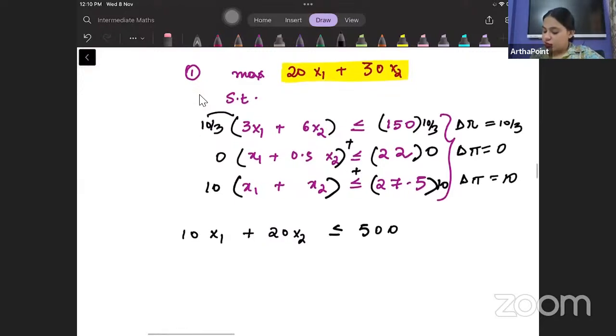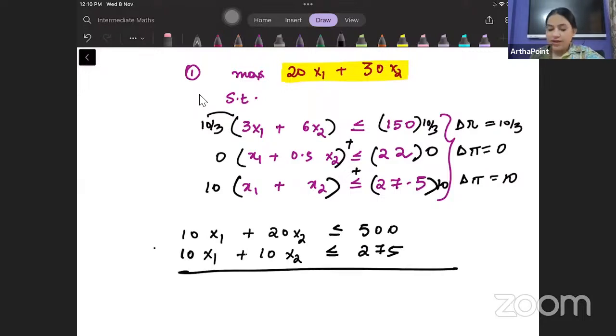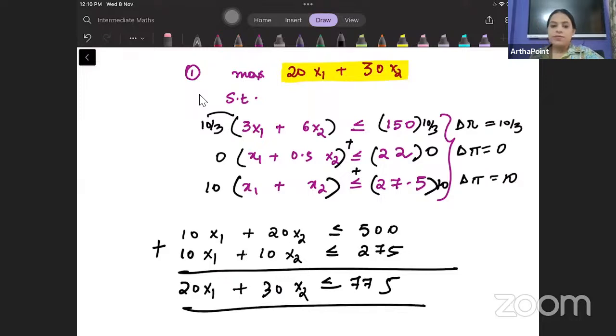Second equation से आएगा 0 और third से आएगा 10x1 plus 10x2 less than equal to 275. And if I add them together, तो क्या आ जाएगा बेटा? 20x1 plus 30x2 less than equal to 775.